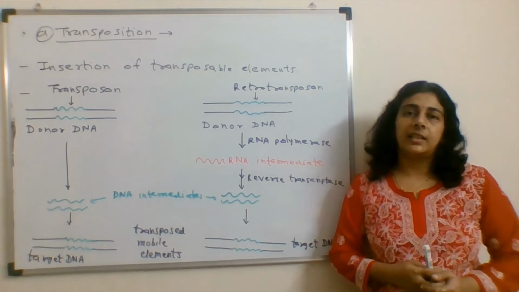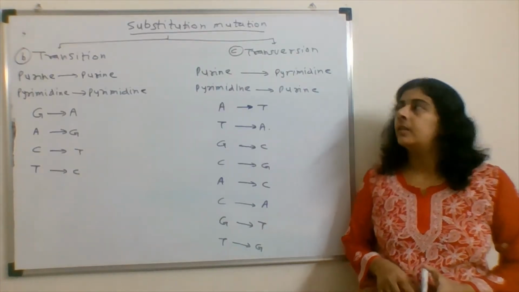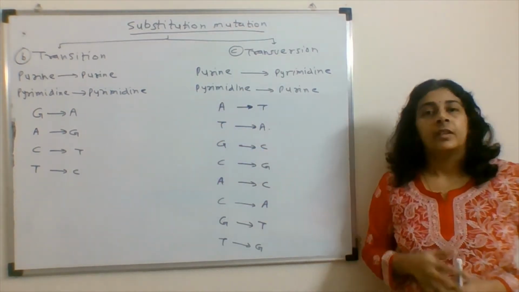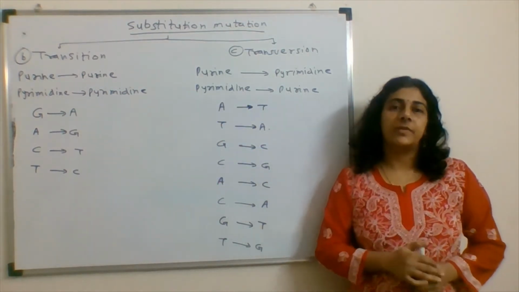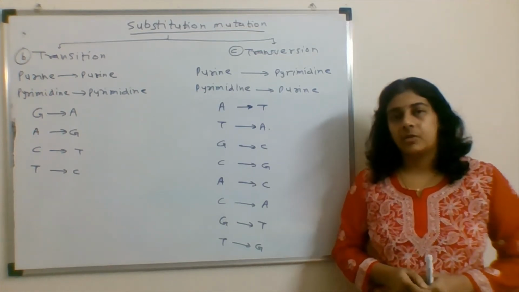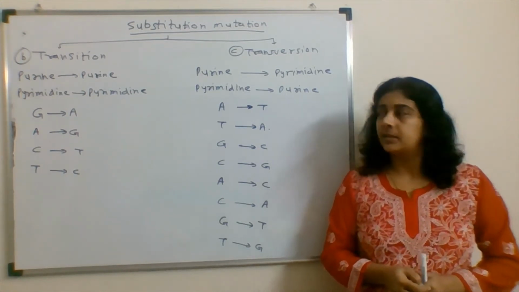Now let's look at the other options. The next two options are transition and transversion. These two are the types of substitution mutation. So what happens in a substitution mutation? One nucleotide is replaced by another.